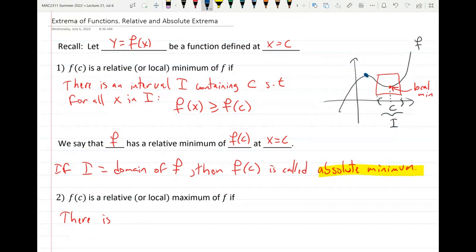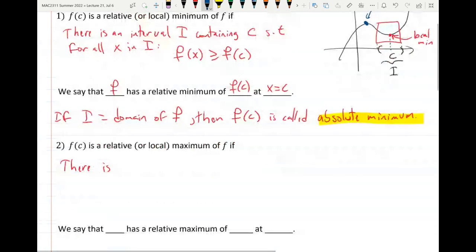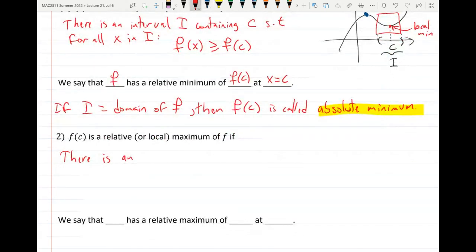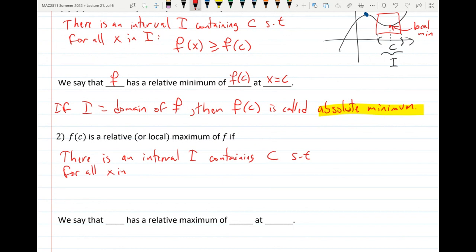And then this one up here, we will call it a local max. Okay? So if there is an interval I containing c such that for all x in I, we have that f of x is less than or equal to f of c.